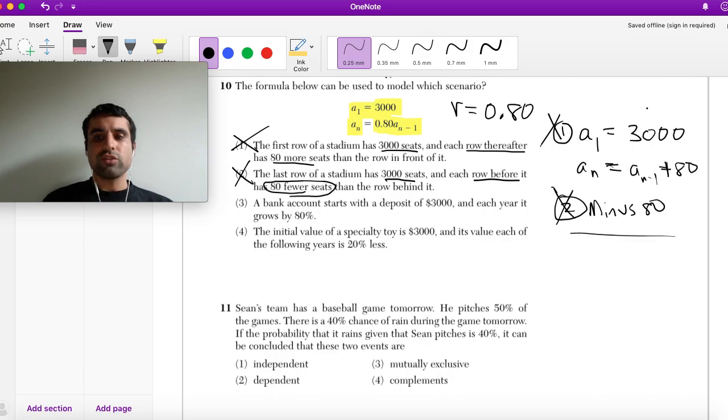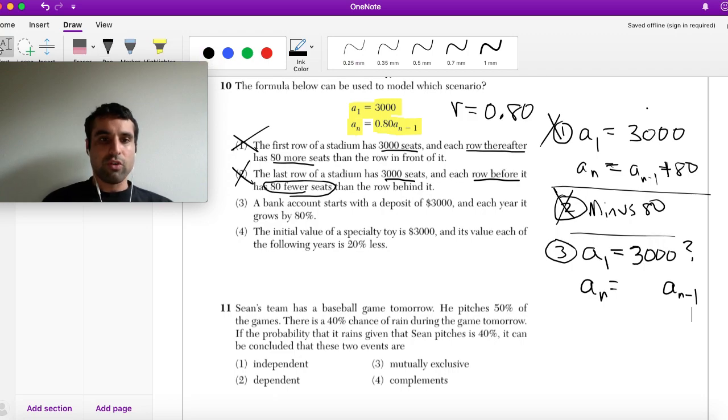Now let's look at choice 3. A bank account starts with a deposit of $3,000. So I would like to start at A0, but since that's not an option, let's say we start at A1. Then each year it grows by 80%. So it's 80% higher than whatever it was the year before. To grow by 80%, you need to multiply not by 0.80. 80% as a decimal is 0.80.